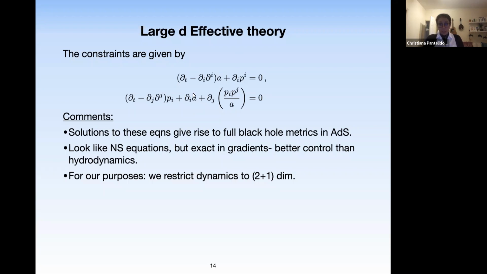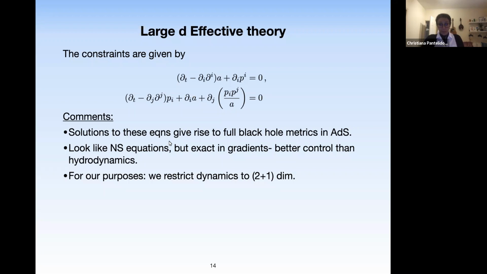So in the procedure that I described on the previous slide, I did not do a gradient expansion. These equations look like fluid, which is good for us because we can take intuition from fluid dynamics, but they do not rely on a gradient expansion. And it's in this sense that they're under slightly better control than hydrodynamics.